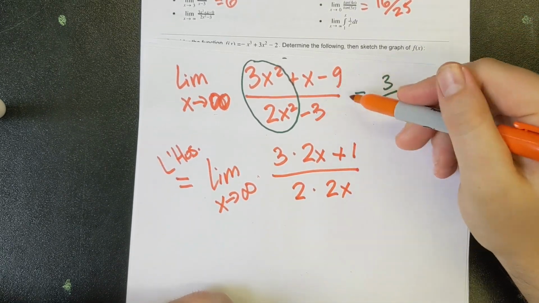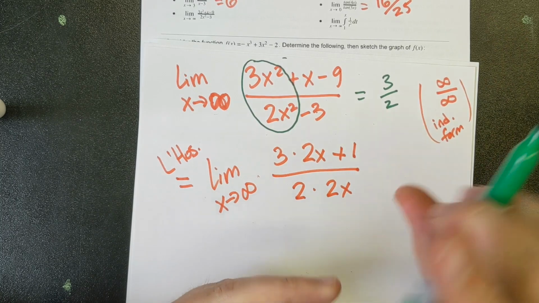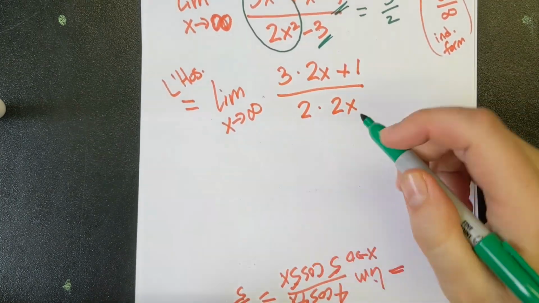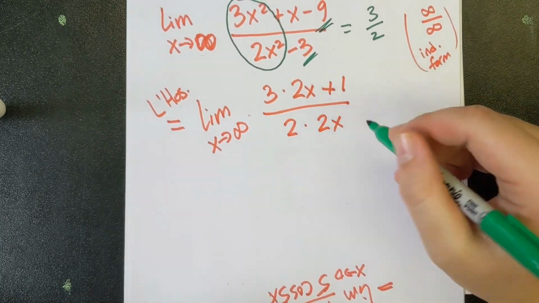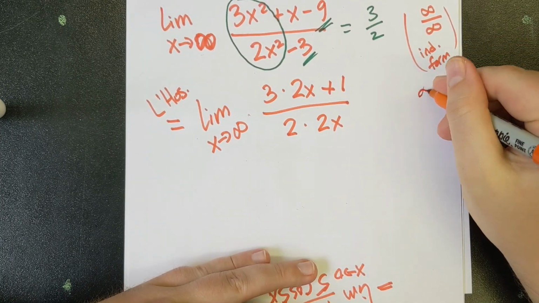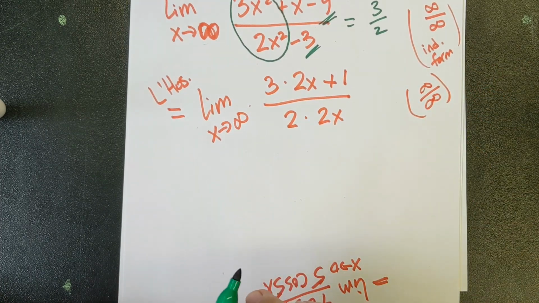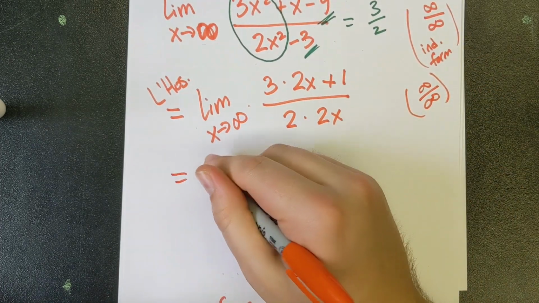Notice these smaller terms disappeared when we took the derivative. These smaller pieces died. And then, if you try and plug in infinity, you'd still have infinity over infinity. So it's still indeterminate. So we need to use L'Hopital's rule again. But then notice what happens.